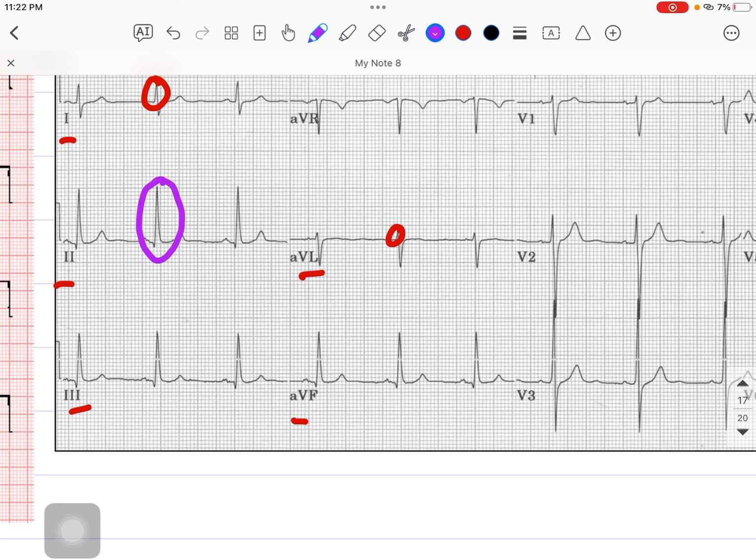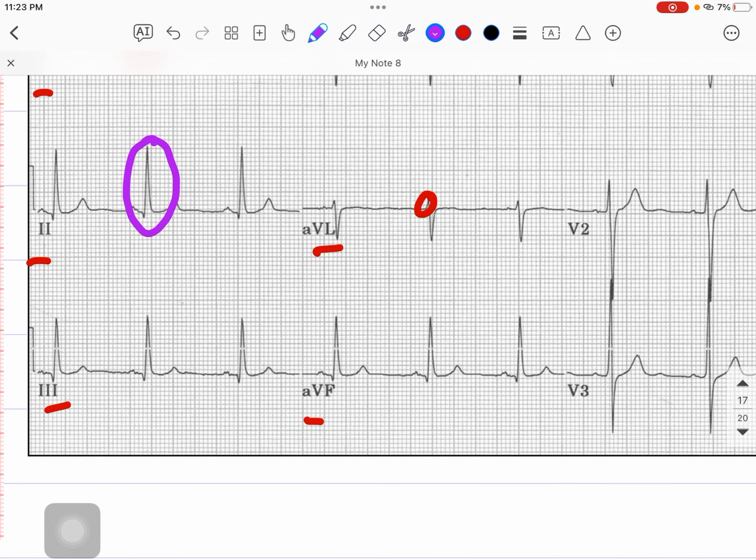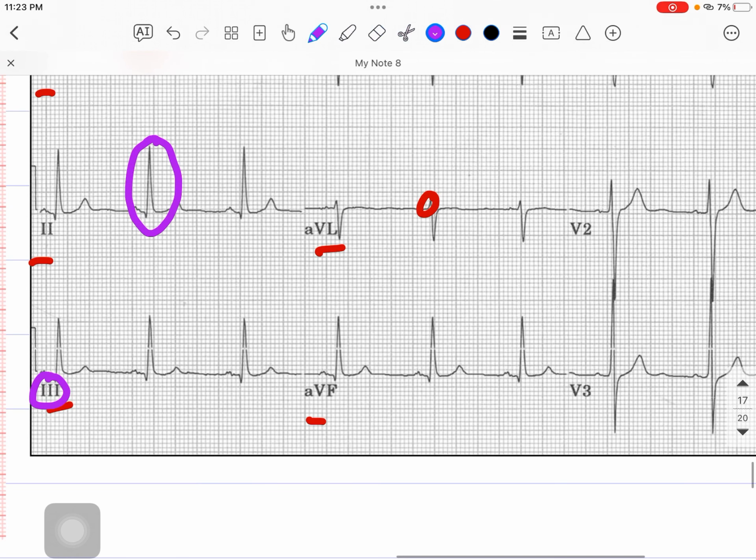To be very frank, it's very hard to say which one has the taller R wave among the third one and AVF. I can't say exactly, but I'm taking the third one; you might take AVF also.